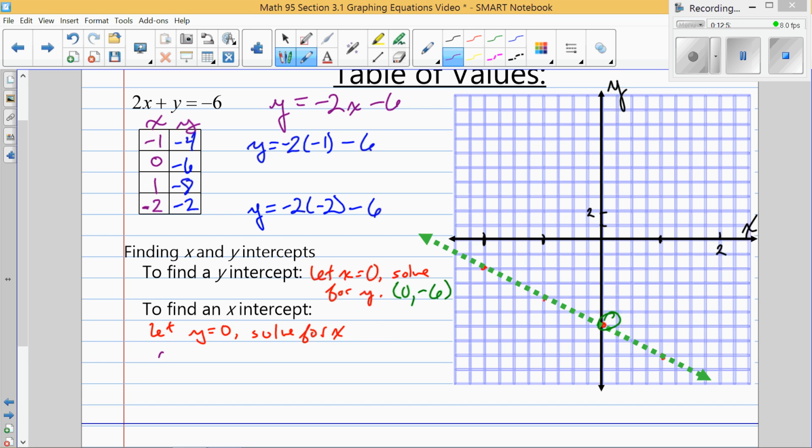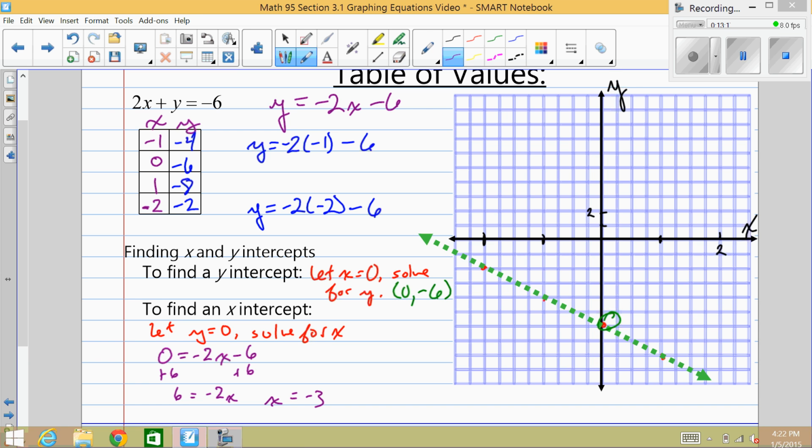We're going to say 0 equals -2 times x minus 6. I add 6 to both sides. 6 will equal -2x. If I divide by -2, I find that x will be -3.